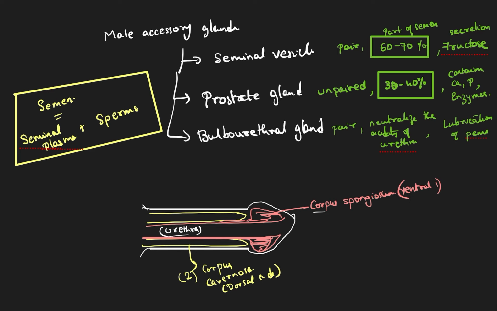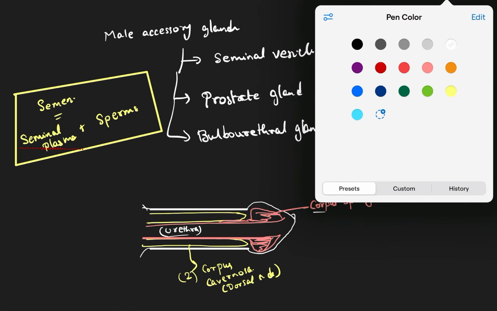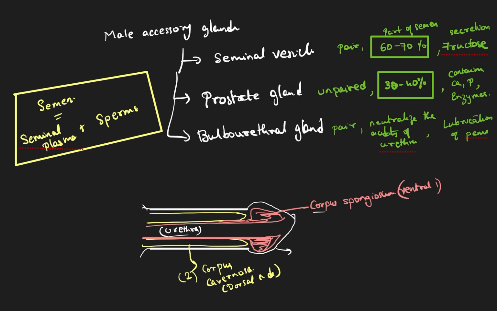Inside the corpus spongiosum, the urethra is present. And here, this is called the prepuce. The forward thin skin that I have drawn is called the prepuce, also known as foreskin.